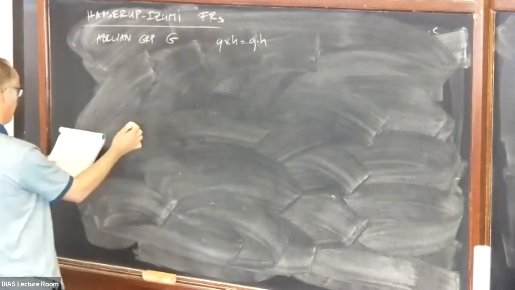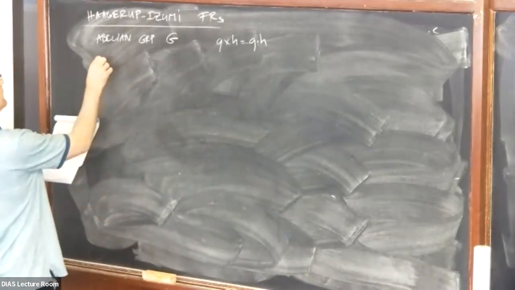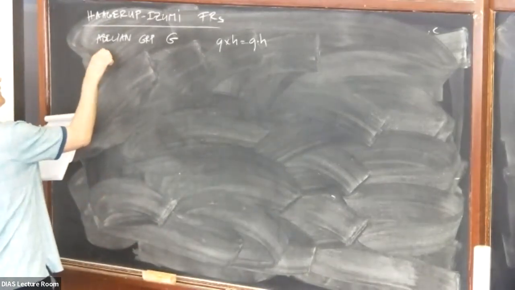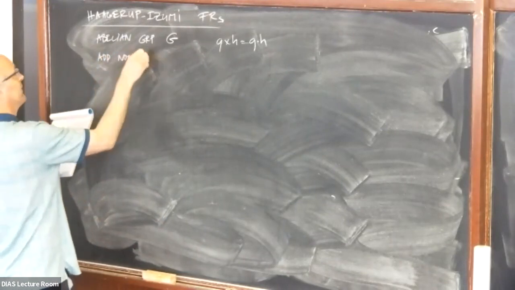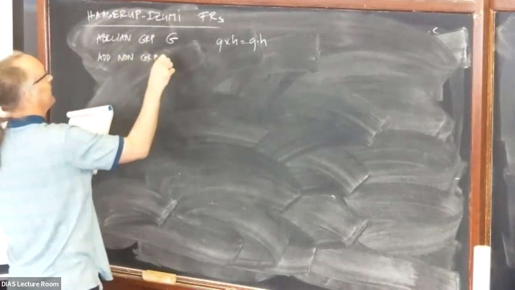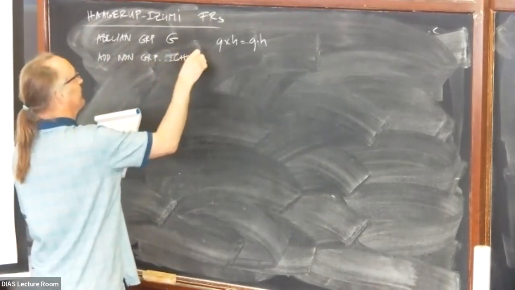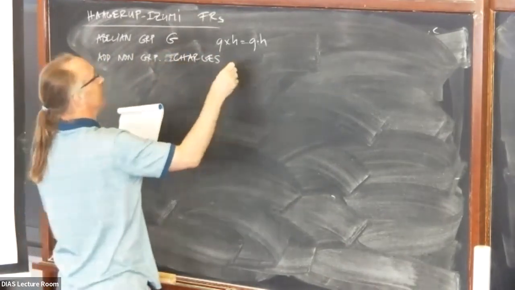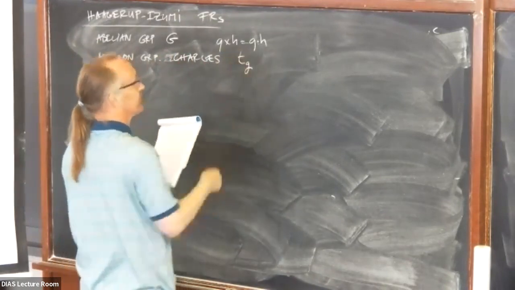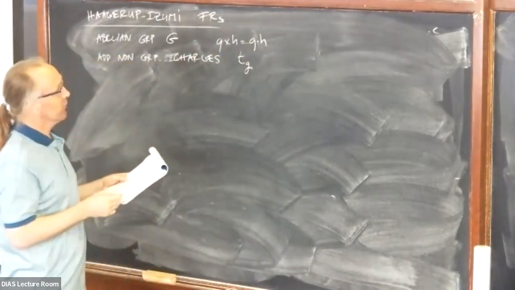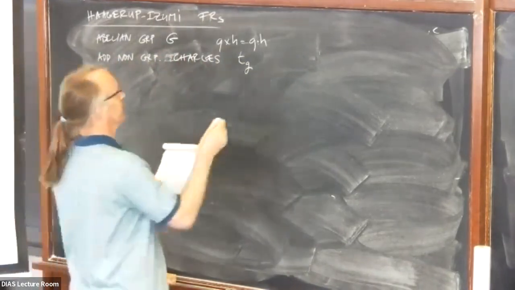And then we add non-group elements, non-group charges. Let's call them t_g, one for each element of G.